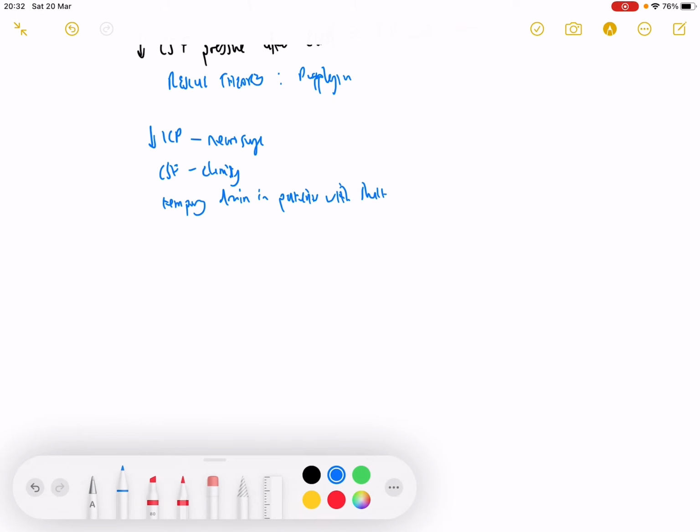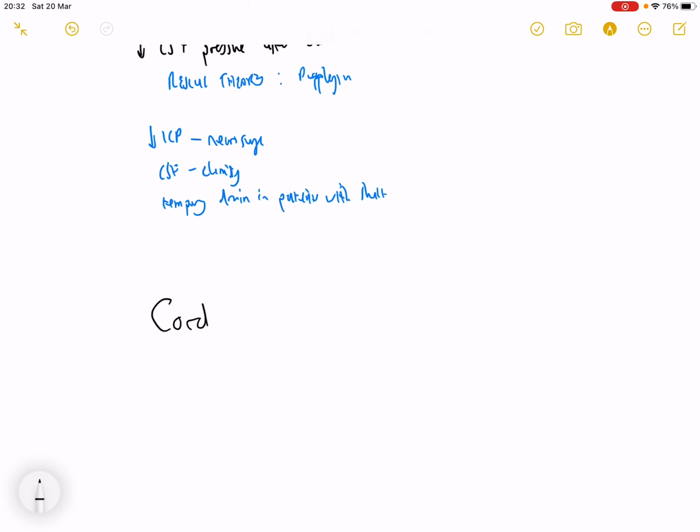How do they work? Well, the cord perfusion pressure is the MAP minus the CSF pressure. So if this rises, then cord perfusion falls.